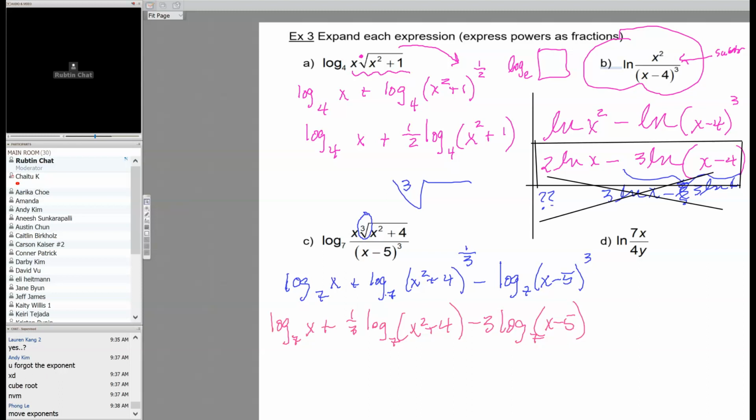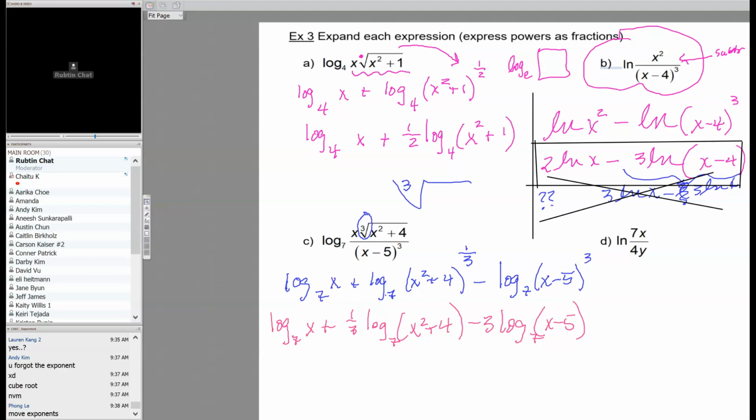Is that a question? Che, what's up? Yeah, question. Wouldn't you use parentheses around log base 7 x, 1/3 log base 7 of x squared plus 4, like that type of thing? Because it's subtraction. Let me think. No, you do not. It's a great question.